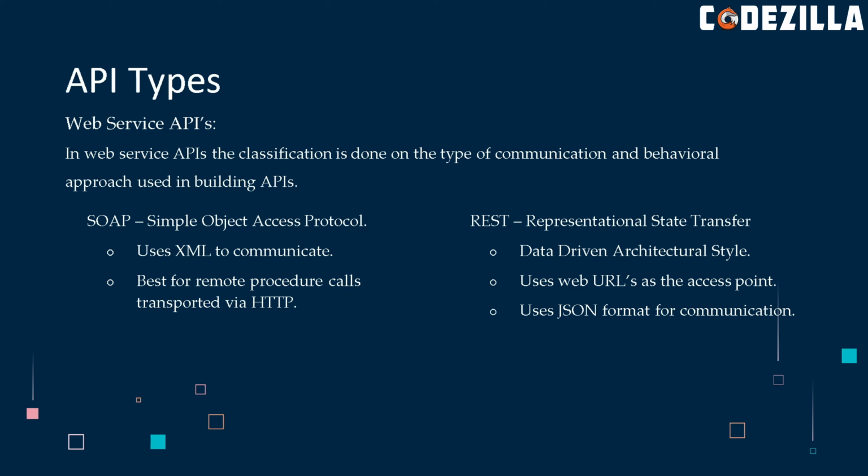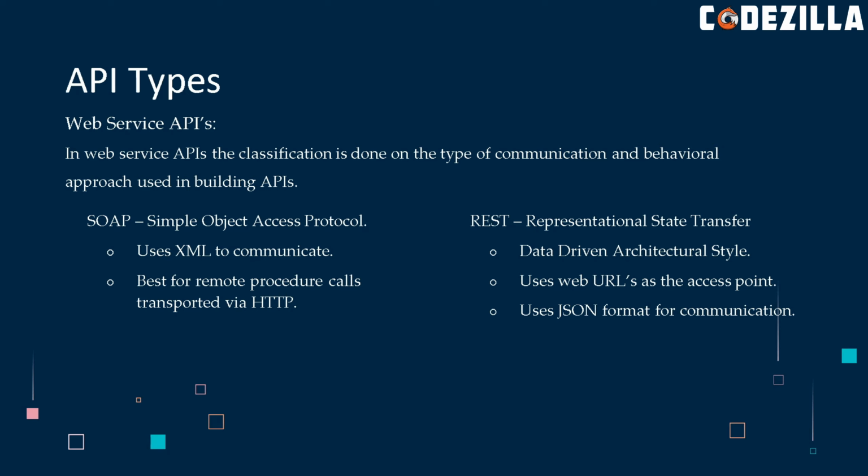So you have SOAP, which stands for Simple Object Access Protocol. It is getting old. You don't really have to do this one, but still, a lot of people do use it. It uses XML and it works for procedural calls transported via HTTP, the hypertext transfer protocol. And then we have REST.